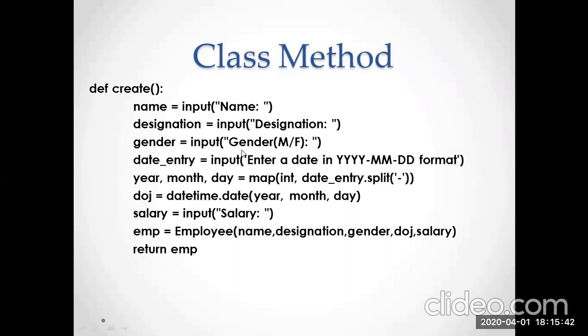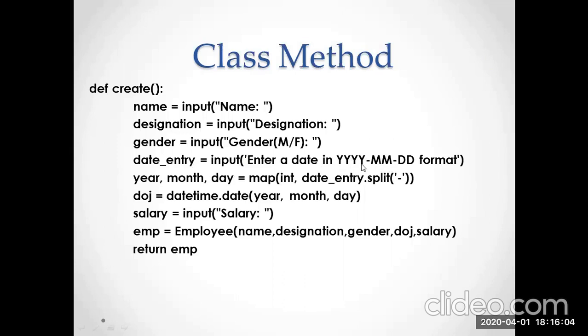Gender, we are going to accept from the user. Then date entry, where we are going to enter the date of joining of an employee. We need to split this date of joining because it is the combination of date, month and year.